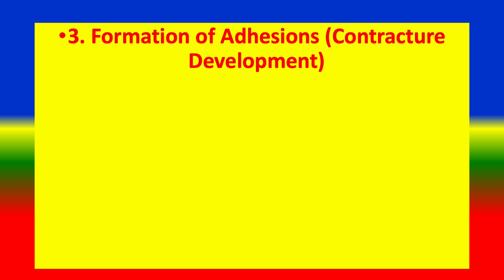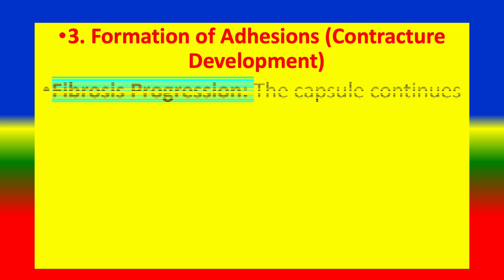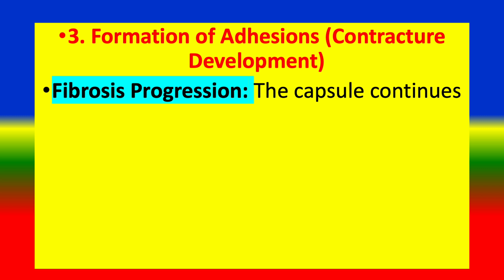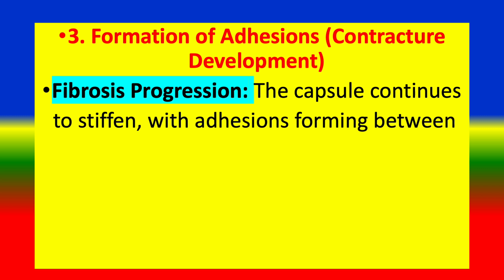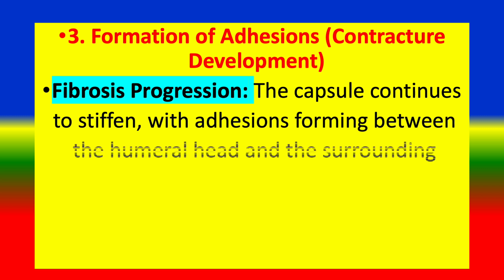3. Formation of adhesions. Fibrosis progression: the capsule continues to stiffen, with adhesions forming between the humeral head and the surrounding structures.